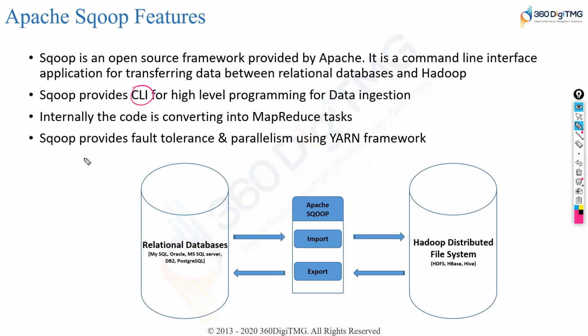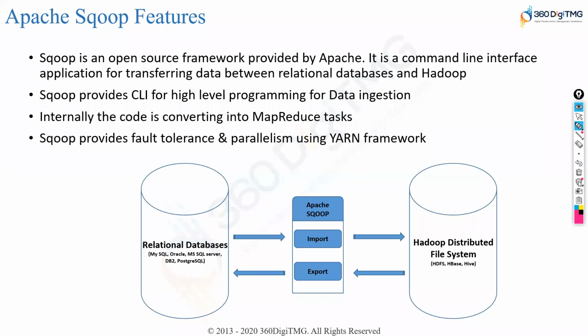So this command line interface is given for Sqoop, and then we write import and export queries to pull or push the data from RDBMS to HDFS or Hadoop to RDBMS softwares. Now, when you write this command, a high-level code, ultimately the code has to get converted into map jobs and reduce jobs, right? That's the key feature of these products that we are talking about on top of Hadoop.